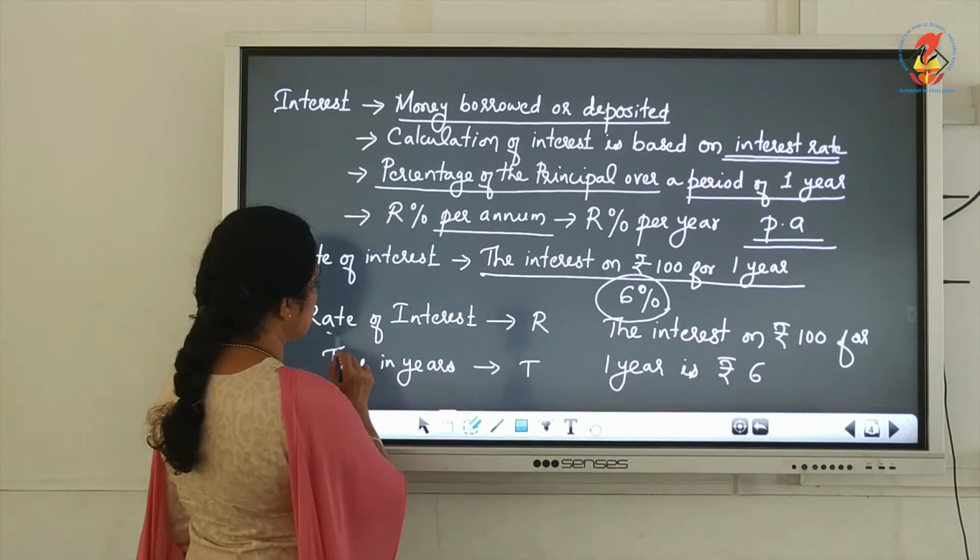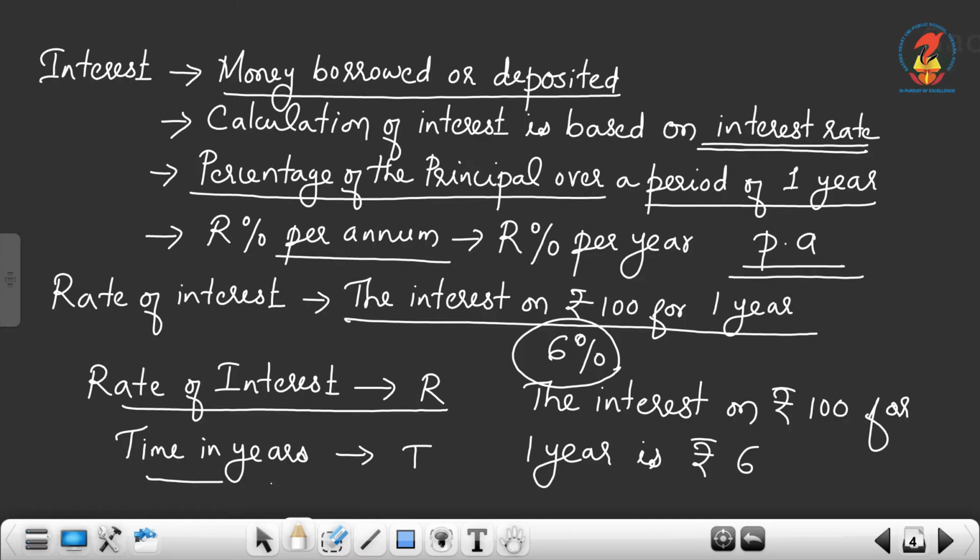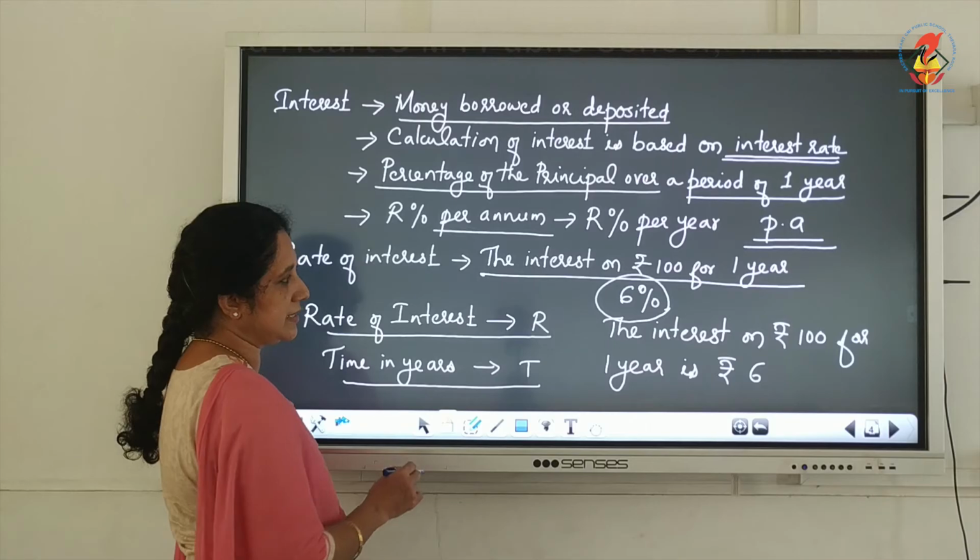The rate of interest is denoted by the letter R. And we have to borrow or deposit the money for a specified period, so we use the letter T to denote the time in years.